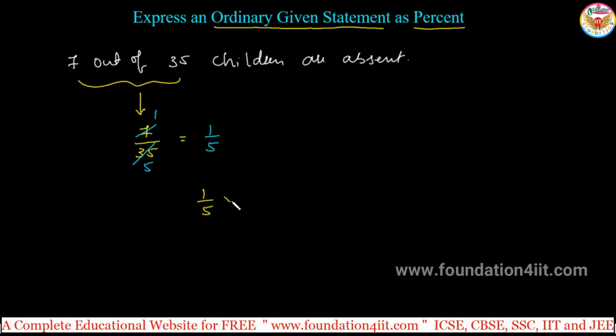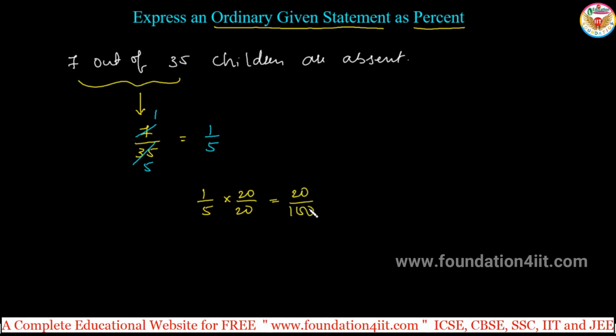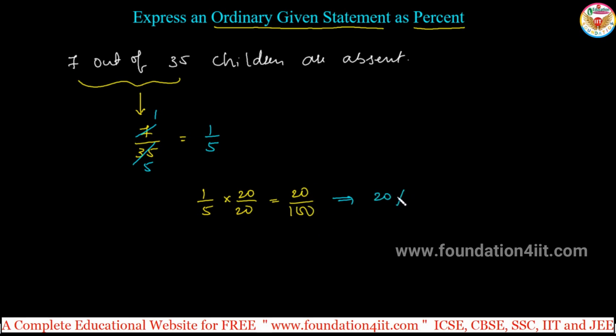If you multiply 1 by 5 with 20, 5 into 20 is 100. Multiply the numerator the same. Now this is 20 by 100, which equals 20 out of 100, right? So 20%. 20% children are absent.